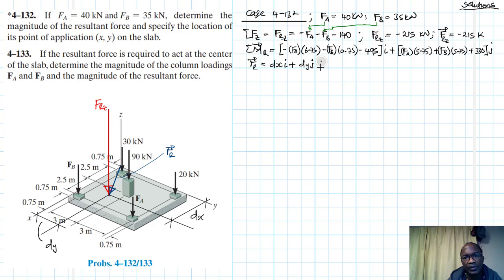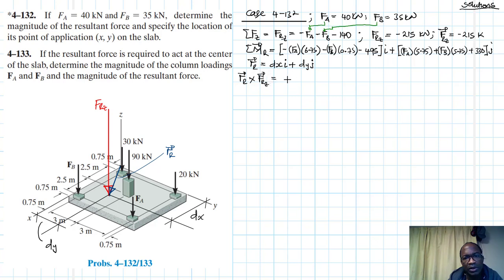Okay, so now what we need to do, we need to cross R with our force. So we'll say R resultant cross FRZ resultant.